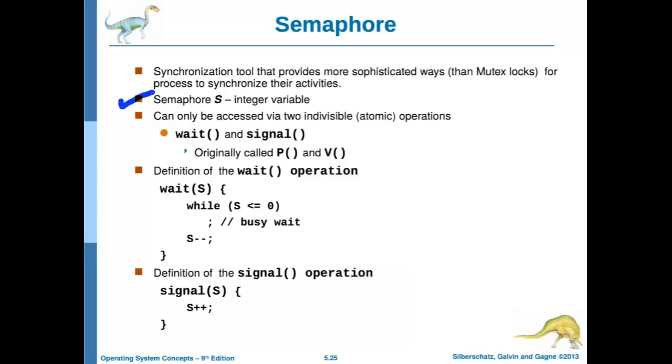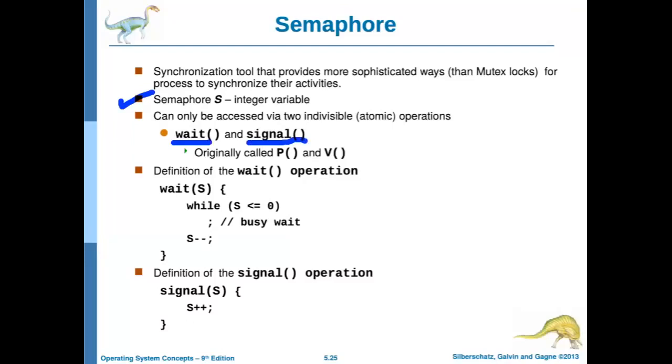Remember, previously we worked with a Boolean variable, just true or false. Here it is an integer variable on which two atomic operations are possible. Atomic means uninterruptible or indivisible, right? And these two operations are wait and signal.